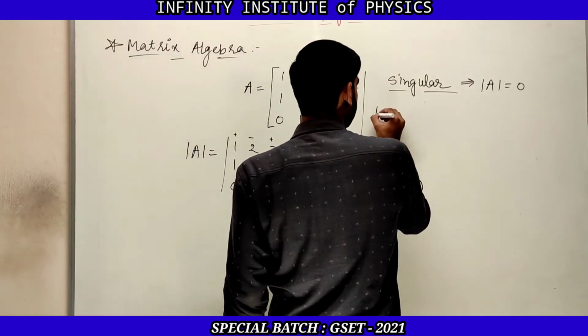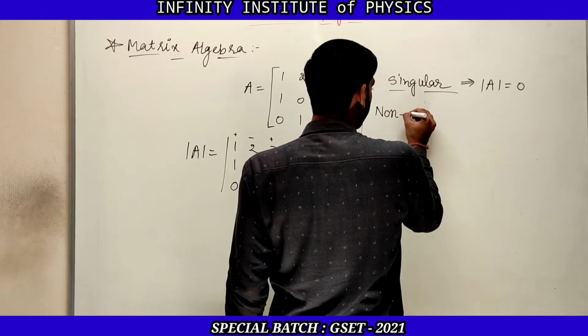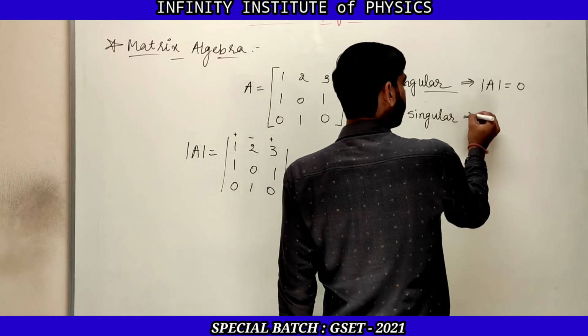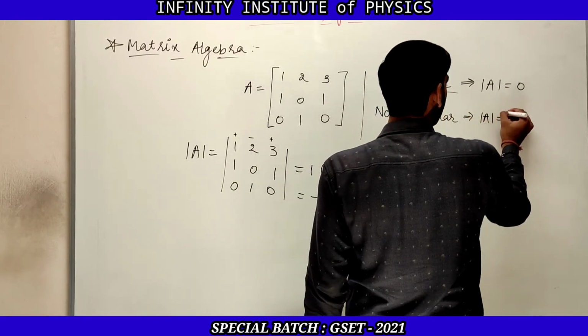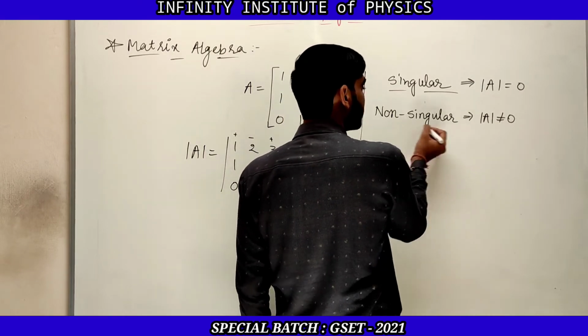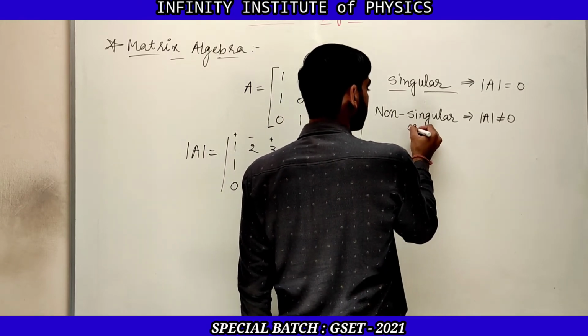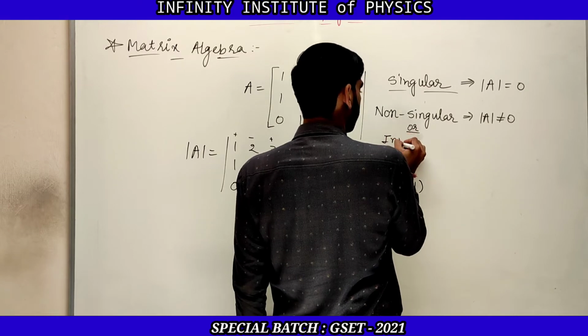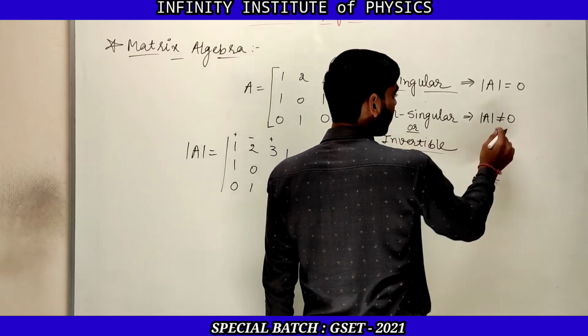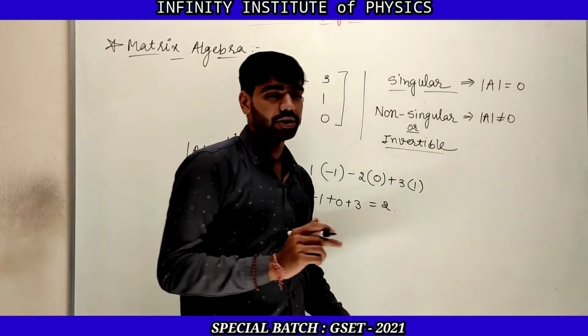And a matrix is said to be non-singular if the determinant of A is not equal to 0. And also in place of non-singular you can say invertible. A matrix is said to be invertible if the determinant of A is not equal to 0.